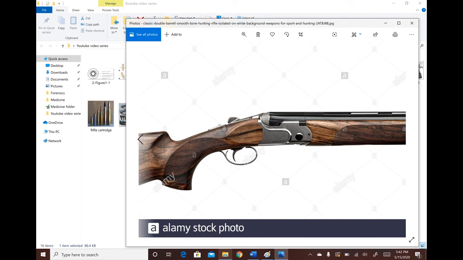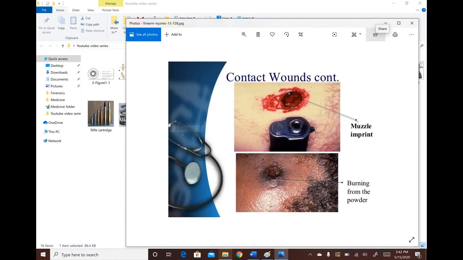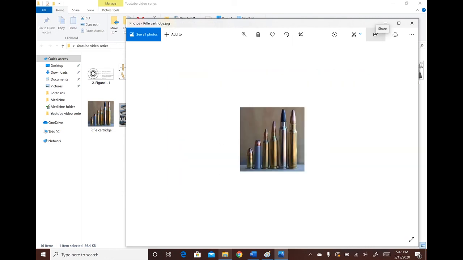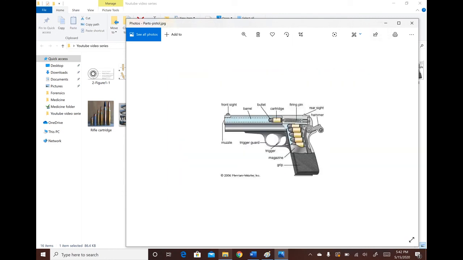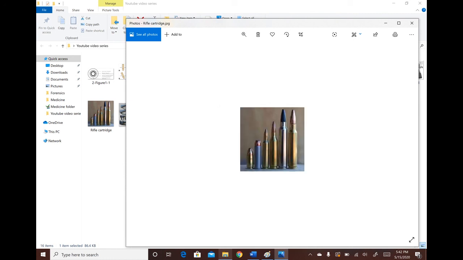Here is the breech, this is the barrel, and this is where you load the bullets from. Another picture is of a handgun: again muzzle, barrel, and the chamber where the bullet goes into. Remember the firing pin, it strikes this area called the primer. And this is the magazine where the bullets are stored.